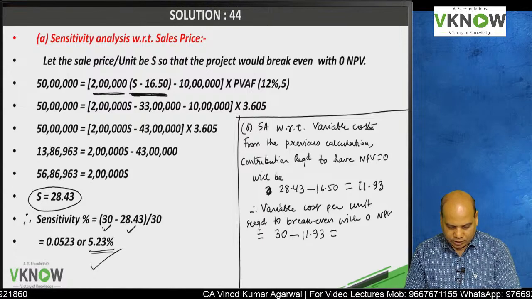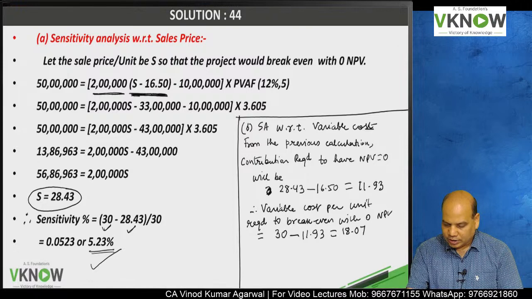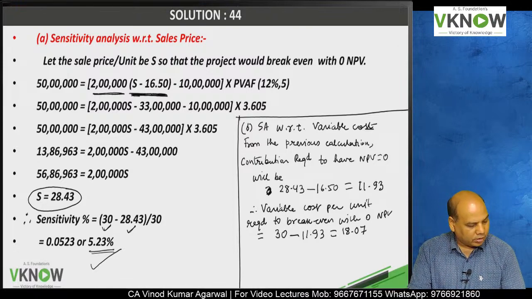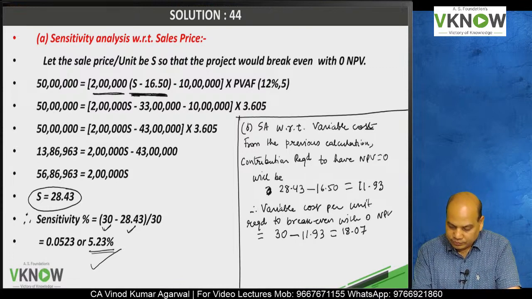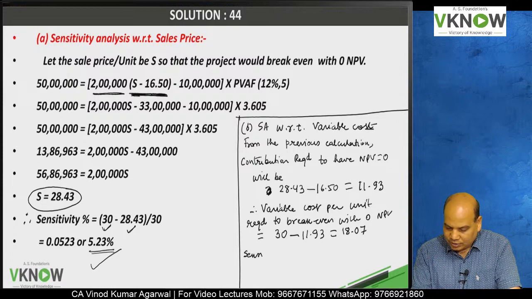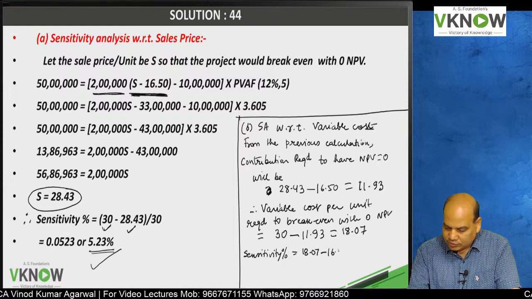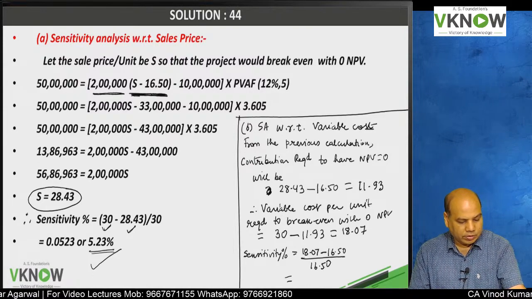So my variable cost must be on a higher side, 18.07. My variable cost on the higher side can be 18.07 and therefore sensitivity percentage will be 18.07 minus original estimate 16.50 divided by 16.50.